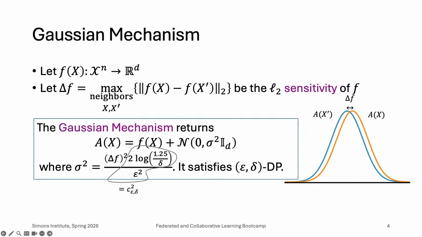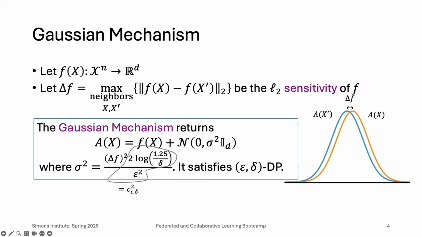The Gaussian mechanism is the only basic building block we're gonna need for this talk. Adam talked about this. This is just a reminder for notation. So the Gaussian mechanism adds Gaussian noise to f of x, where f is the function you want to learn, and it outputs a d-dimensional vector. The amount of noise you're adding in each coordinate, the variance, is sigma squared.